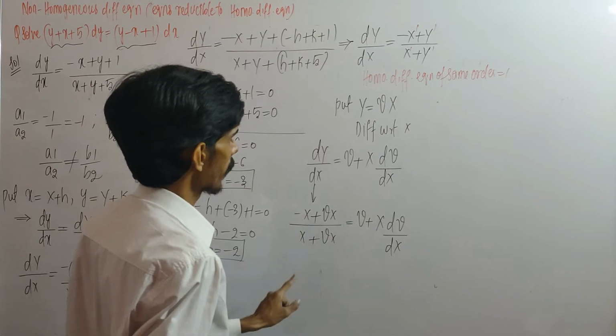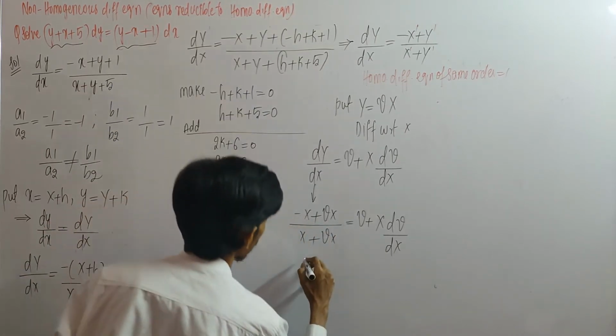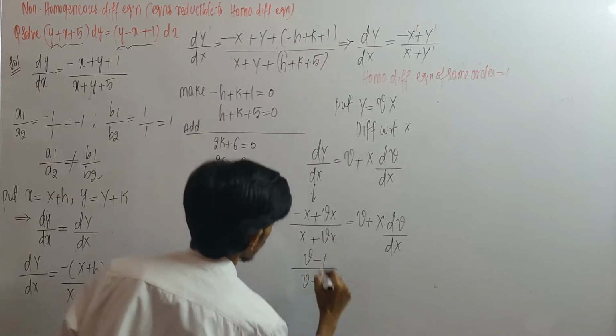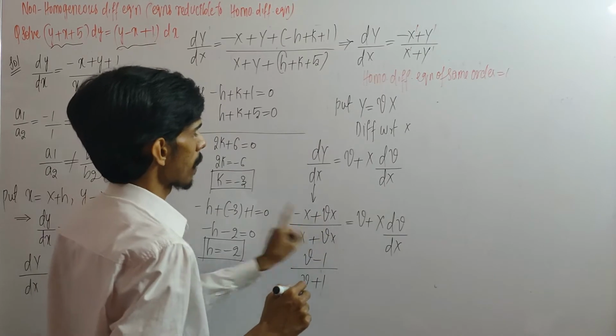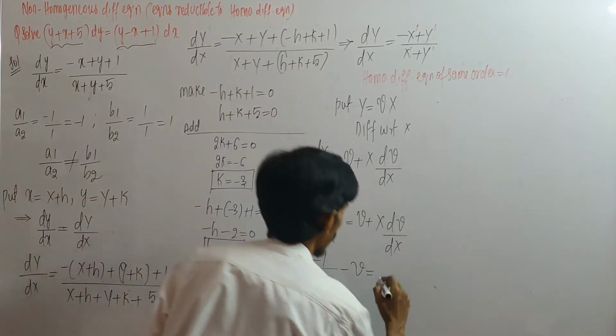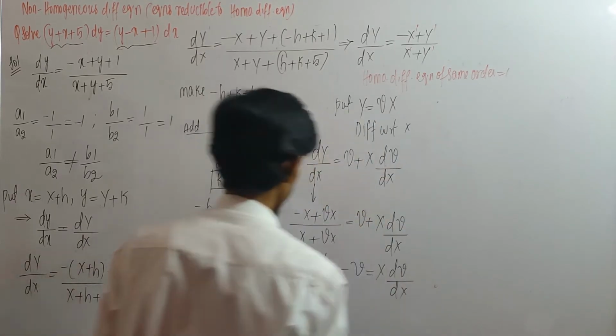Now take X common from numerator and denominator and cancel. Then we have (V - 1)/(V + 1). Take this V to the other side. This will become -V = X dV/dX.